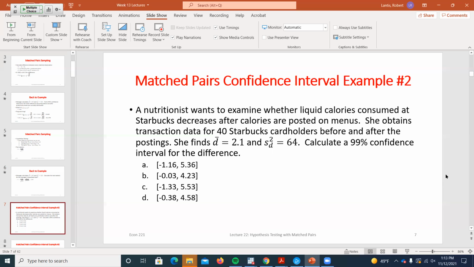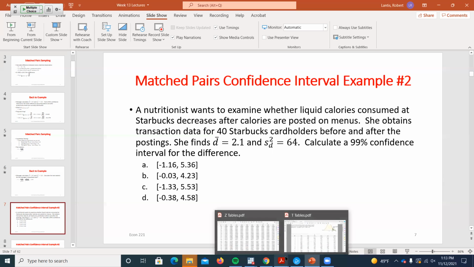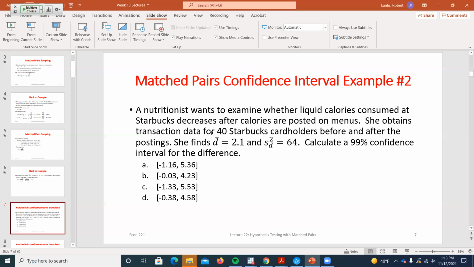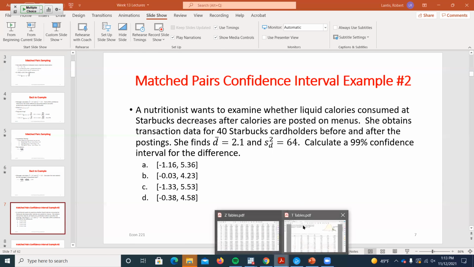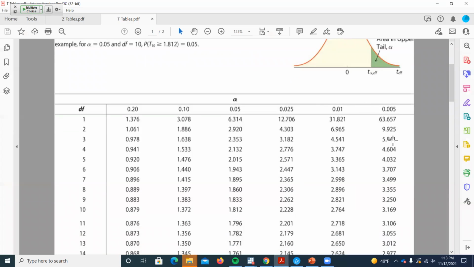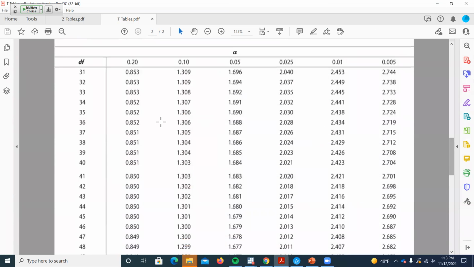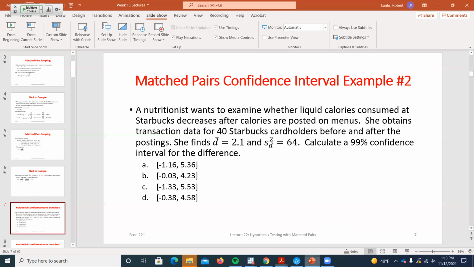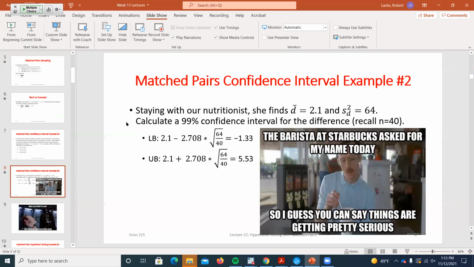My degrees of freedom in this example goes back to n minus 1, so 40 minus 1 is 39. We would go 0.005, 39 degrees of freedom, 2.708, right? Now that I've got that number of standard deviations the way I need to go, I'll plug that in, plug in my sample variance, sample size, and that sample mean difference. And really, it's a matter of computation at this point.